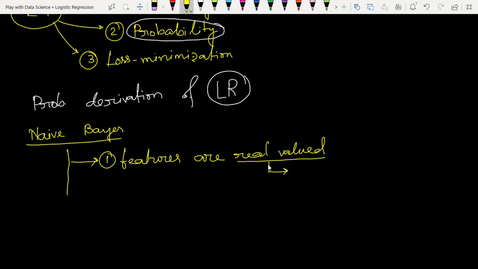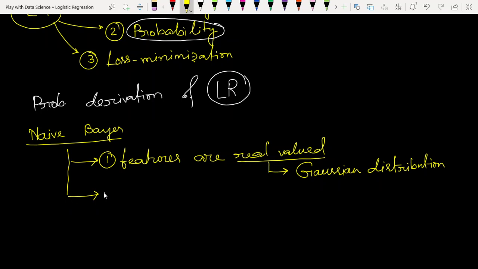In naive Bayes, we see that all our features are real valued, and they obey the Gaussian distribution.